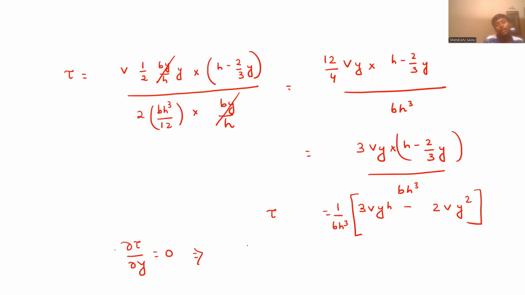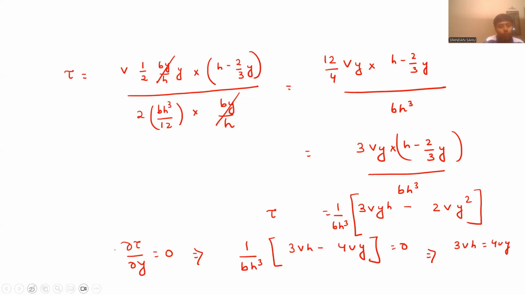If you do that, you will end up getting 1 by bh cube times 3Vh minus 4Vy equal to 0. From here, you are getting 3Vh equal to 4Vy, or y equal to 3 by 4 h.